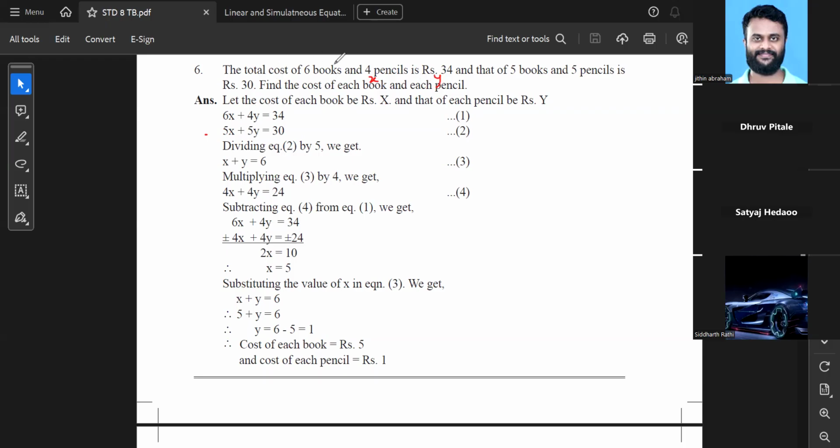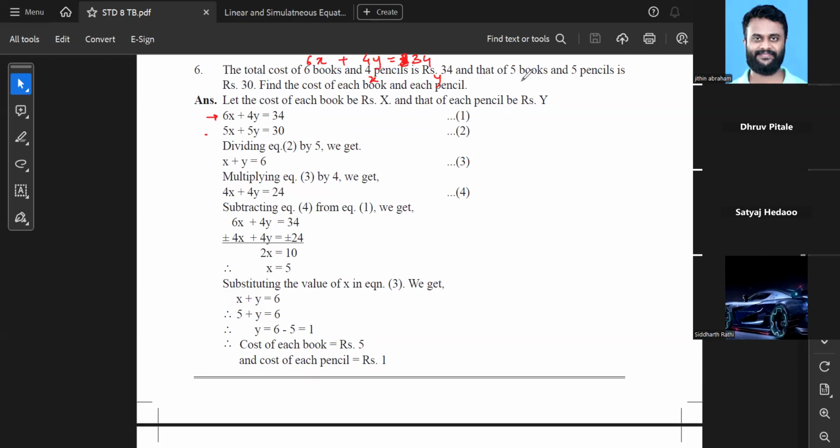Now the total cost of 6 books: 6 multiplied by cost of each book is 6x, plus 4 multiplied by cost of each pencil is y, that gives you 4y, equal to 34. Hence your first equation: 6x plus 4y equal to 34.